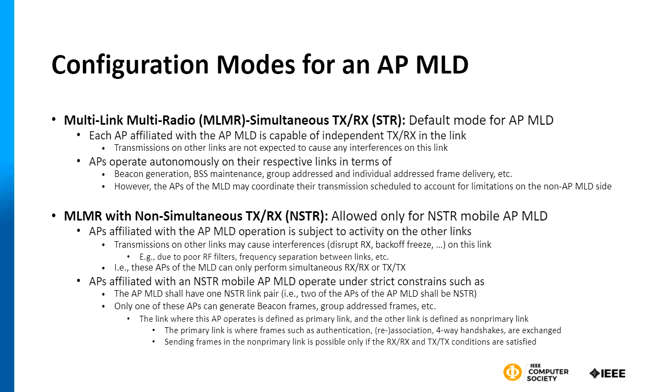For example, due to poor RF filters, frequency separation between links would cause inter-AP interference, if you will. So there are a lot of rules set in place that ensure that the transmissions towards this AP or from this AP MLD start at the same time and end at the same time so that they do not cause interference between the links.